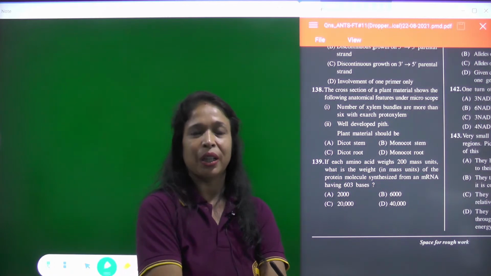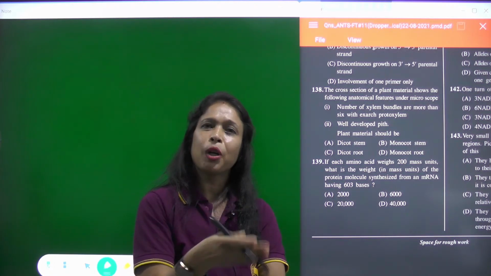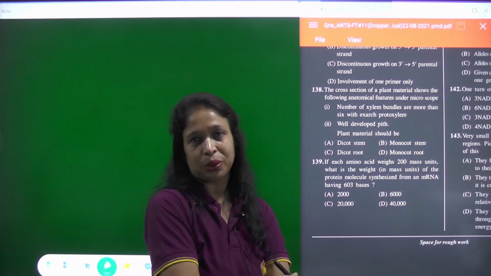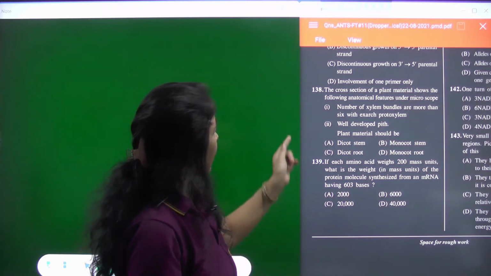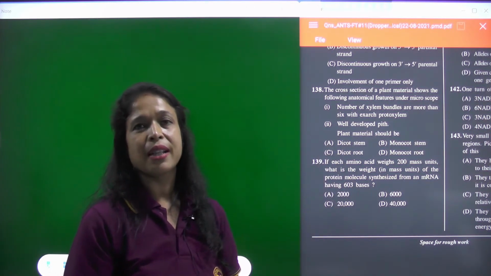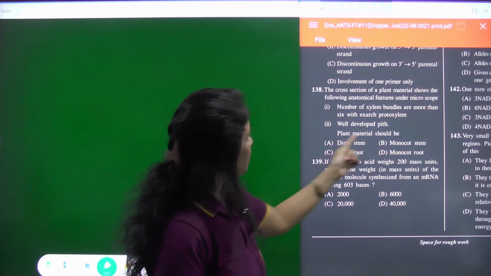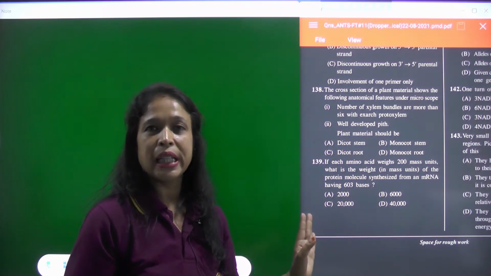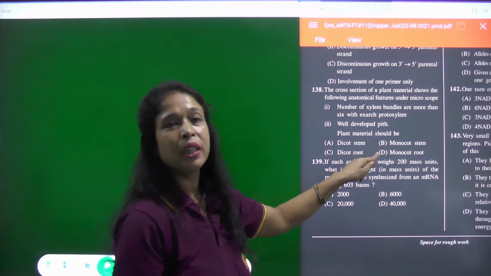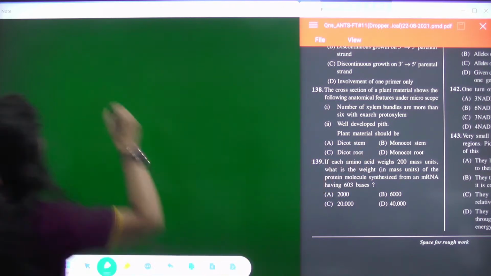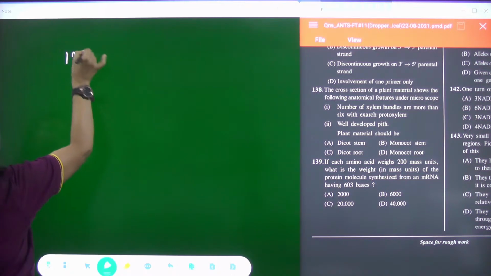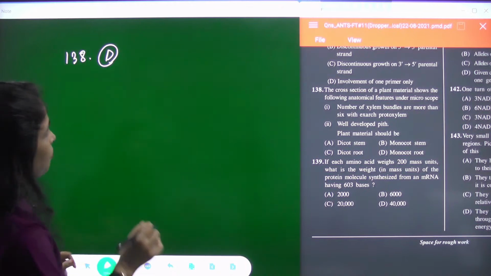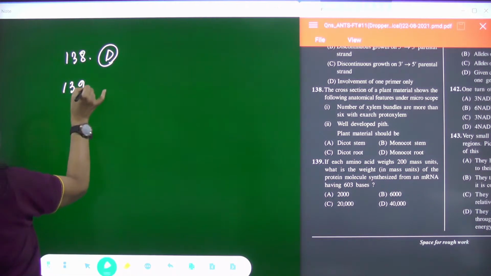Okay, exarch condition is shown by root, and number of bundles more than 6 is the diagnostic feature of monocot root. Second, well developed pith. Yes, a characteristic of monocot root. So the plant material should be what? These two characteristic features are enough to identify that the section belongs to monocot root. So 138, what will be the answer? This is the last one. Fine. 139.